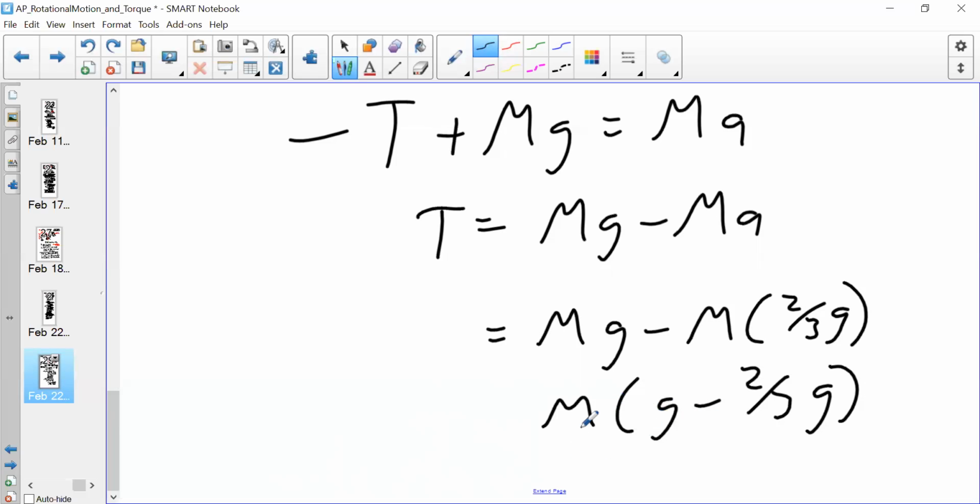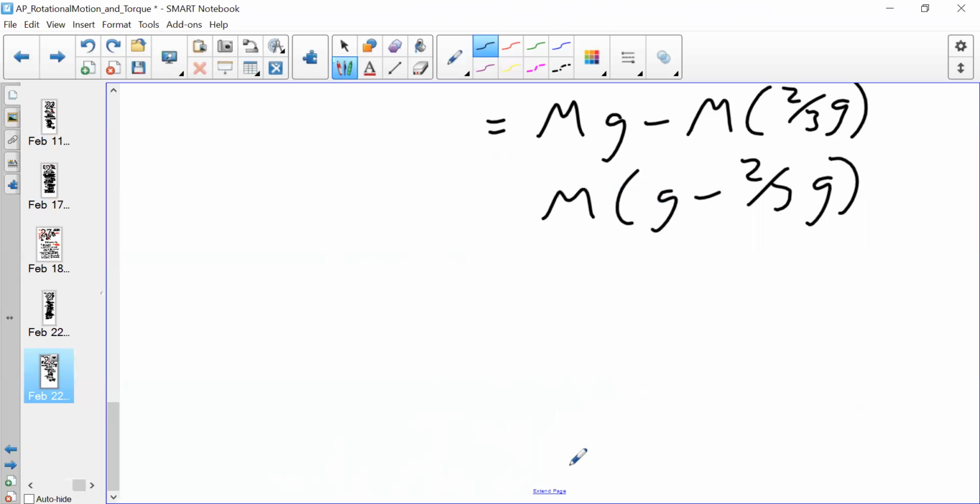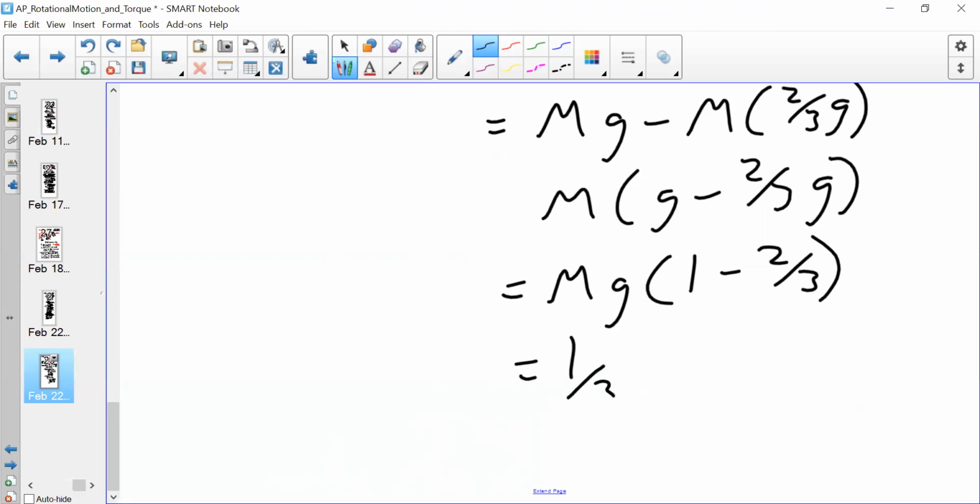I can factor out the g's. Doesn't really matter at this point. It's trivial. So 1 minus 2/3, which is 1/3 mg, and that's your tension. Anyone not get that? See how that's done.